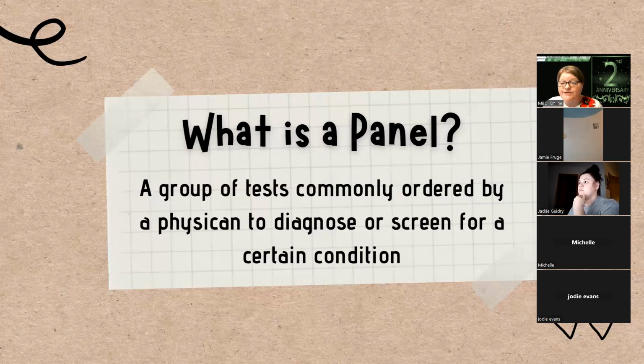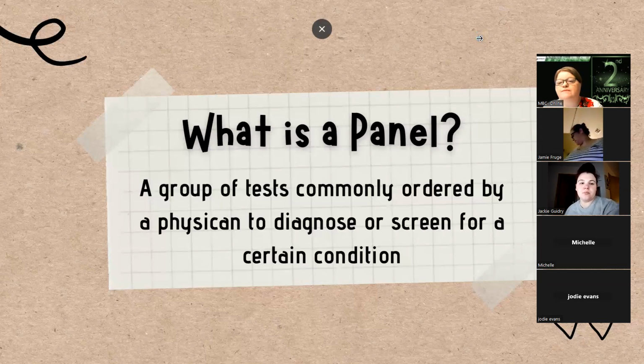They draw blood to make sure my kidneys are functioning right. The urinalysis is to make sure my kidneys are functioning right. And then they run my A1C. So that's a whole panel of tests that they have come up with in advance that they know they need to check for me every 3 months. So that's what that is. It's a group of tests used to either diagnose or screen for a certain condition.